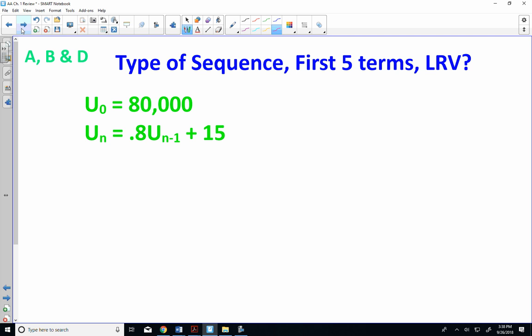Type of sequence, first 5 terms, and try to find the long run value. All right, since this is 0.8 times u sub n minus 1 plus 15, we have a shifted geometric sequence.